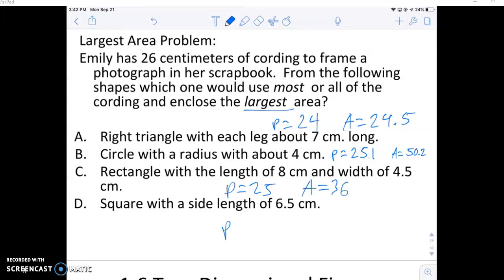Last one, the perimeter of that square is 26, and the area is 42.3, rounded. Alright, so all those perimeters are less than 26, or are at 26, so we're good there. So we just have to figure out which of those areas is the biggest. We figure out it's B. So that circle would have the largest area.